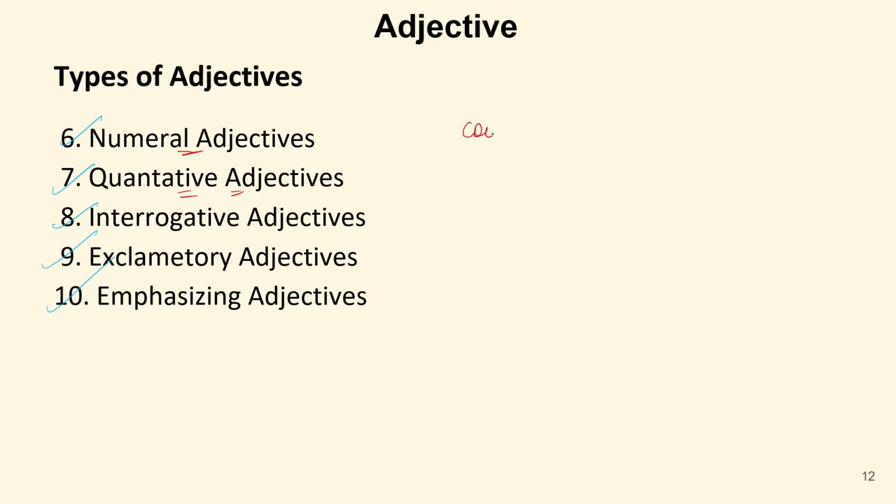We have already learned countable nouns in the chapter of noun. Nouns that we can count in terms of 1, 2, 3 and so on. So whenever we use an adjective before these countable nouns and it states some number of it, these are known as numeral adjectives.